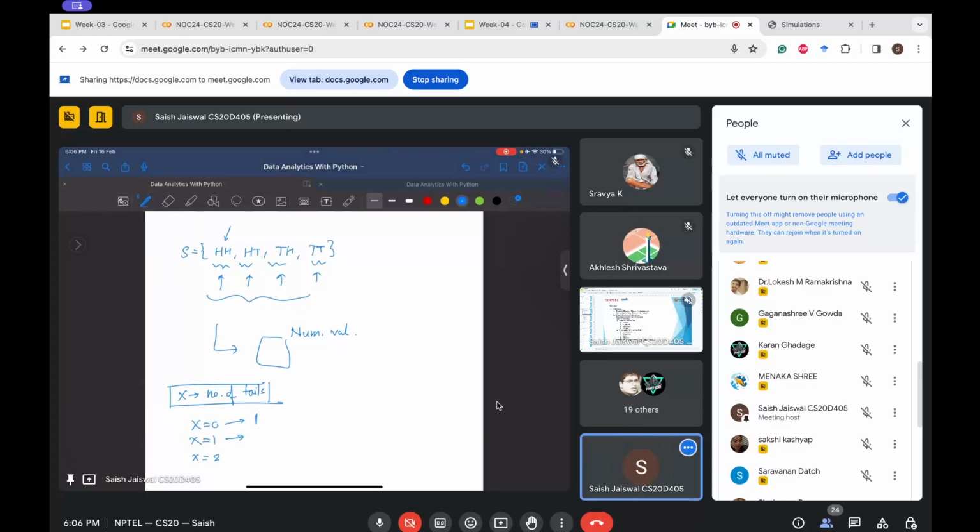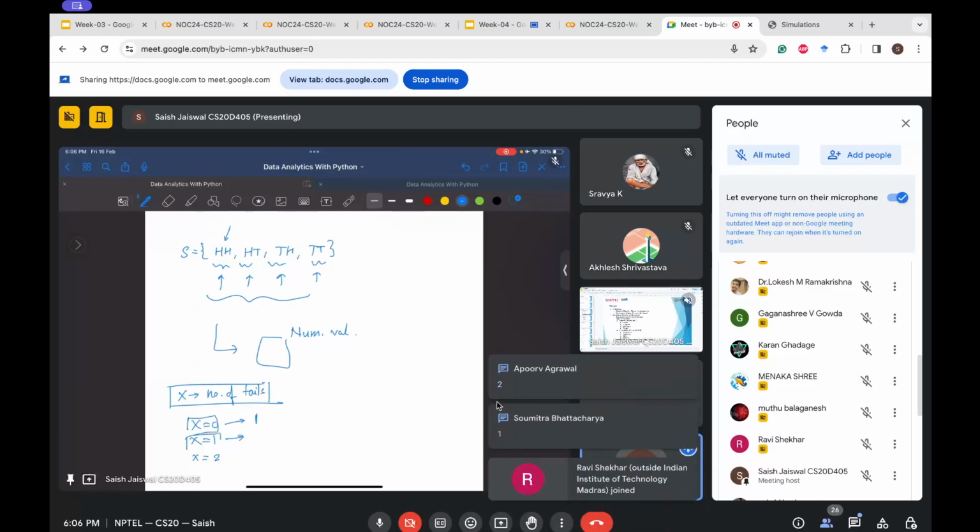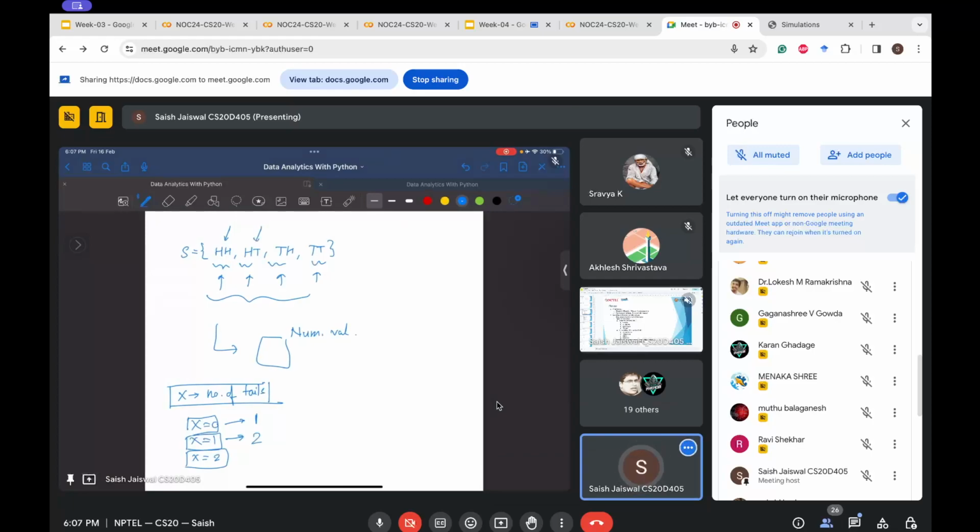X equal to 1 means there is exactly one tail. So this means exactly equal to 0, exactly equal to 1, and exactly equal to 2. For x exactly equal to 1, we have two cases, HT and TH, where the number of tails is 1. For x equal to 2, we have only one case.